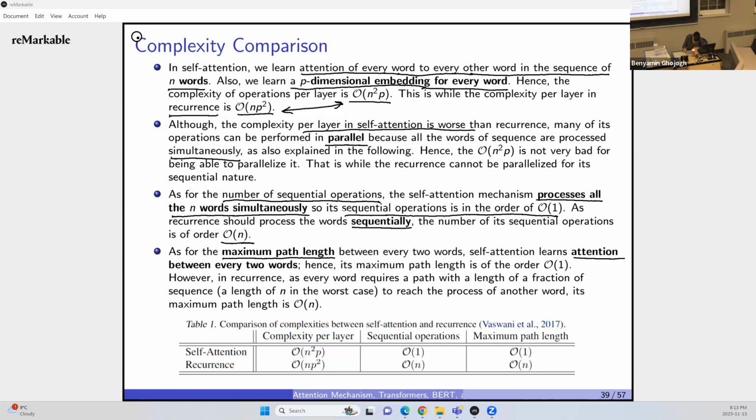Again, in attention it is O(1) because you have attention of every word to every other word directly, right? But in recurrence it is O(n). Again, you need to pass through all the words between them, right? Big O notation is the worst case scenario. You know that it's an upper bound, right? That's why it's O(n). So now we have summarized these things. As a result, in these two cases, attention is better. In this case, where attention is worse, it's not a big issue because it can be done in parallel.